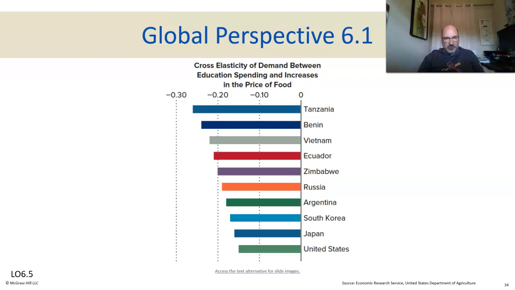Ecuador, about 2.1 probably. Zimbabwe, right at negative 0.2. Russia, about 0.08, 0.18, 0.19, somewhere in there. Argentina, a little less than that. South Korea, Japan, the U.S., somewhere in there. And that's why we do free lunch programs, free breakfast programs, free food programs at school.